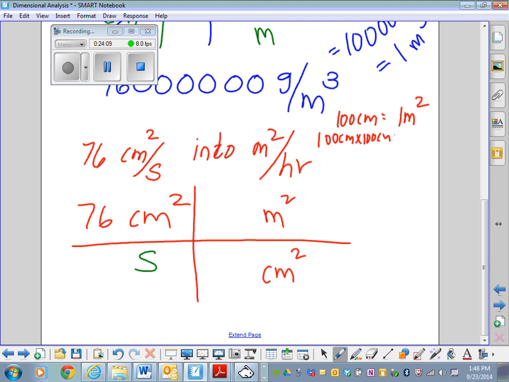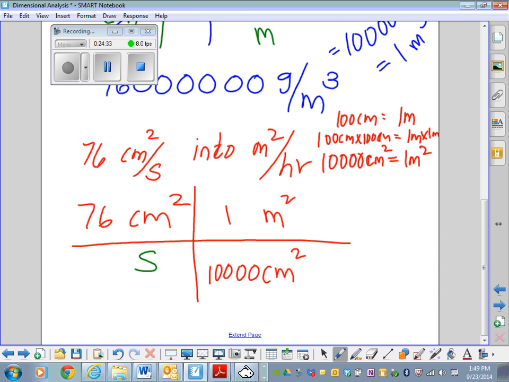How many times must I be multiplying this? 2 times. So 100 centimeters times 100 centimeters is equal to 1 meter times 1 meter. This is in squared. Is that right? So that's 1, 2, 3, 4 centimeters squared equals 1 meter squared.